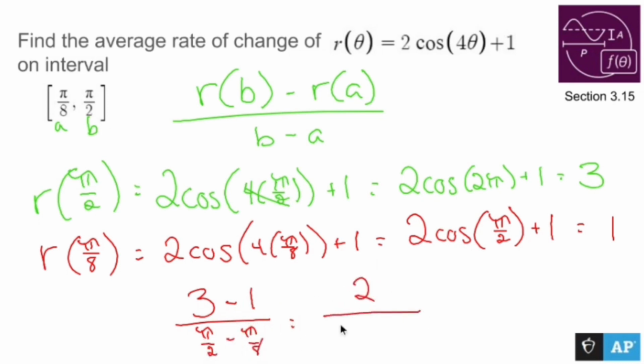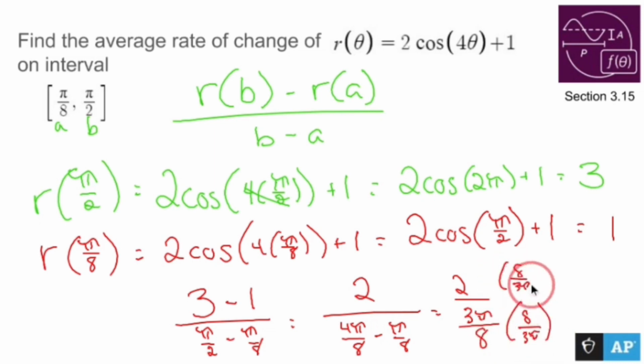I'll turn pi over 2 into 4 pi over 8 so I can subtract these two fractions. So 2 over 3 pi over 8. Let's multiply the top and the bottom by 8 over 3 pi. And at the end of the day, I end up with 16 over 3 pi. That's my guy. Fun stuff.